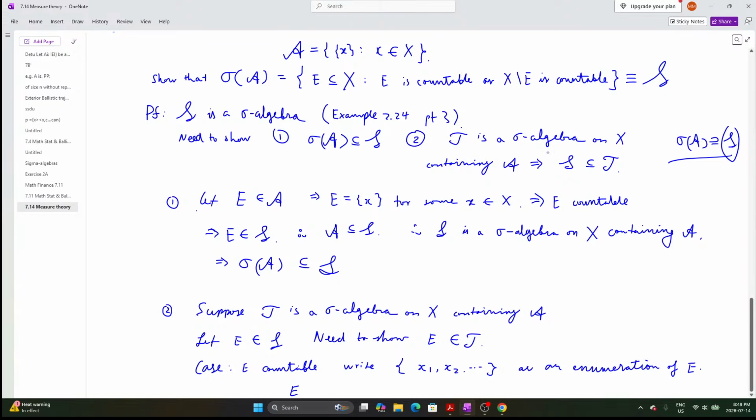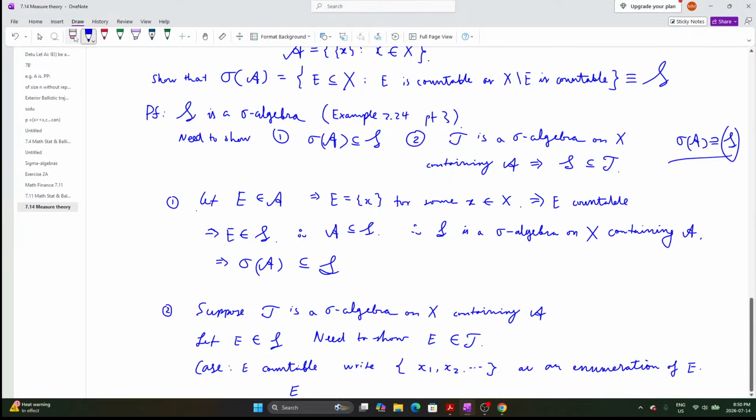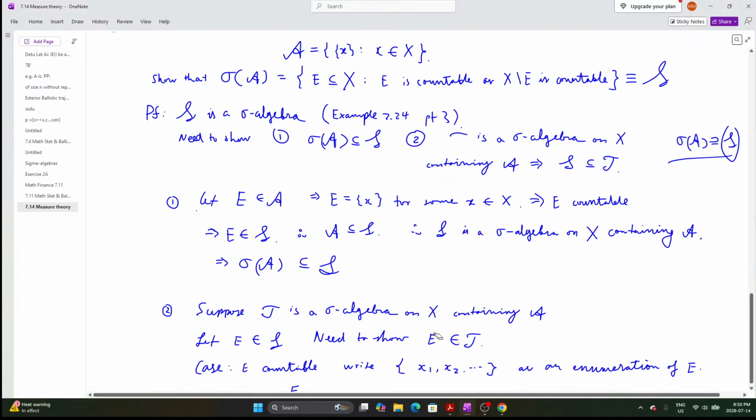Hmm. So how do we actually, let me just erase that. I think I'm on the right track, but I'm still struggling to connect the dots here.